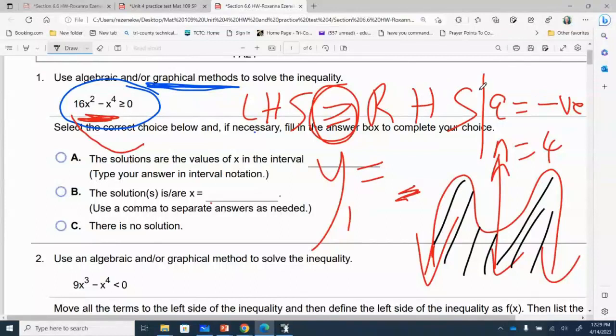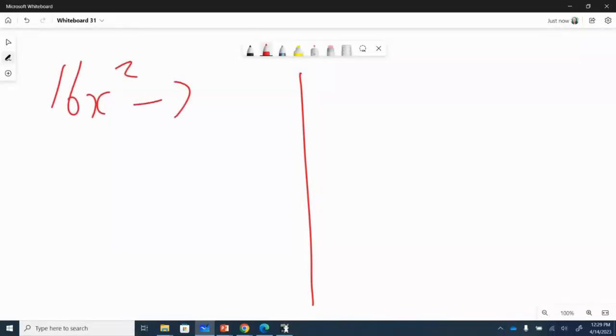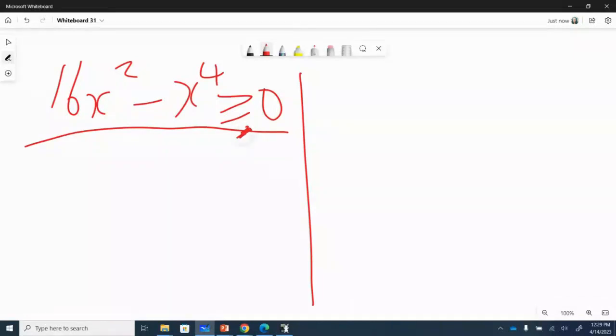Now I will go to my whiteboard and get the inequality. So the inequality says 16x squared minus x to the fourth is greater than or equal to 0. Step 1 says I should rewrite the inequality with an equal sign.